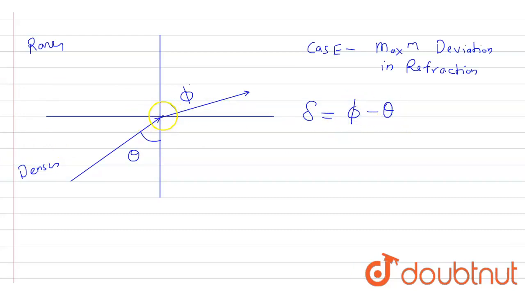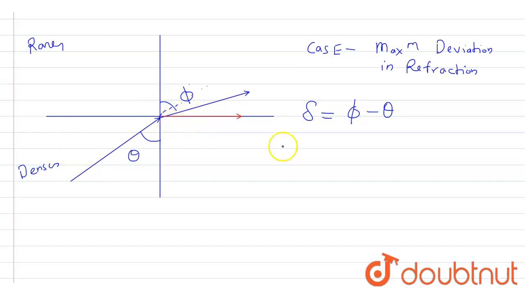The reason behind it is that whatever the angle more than the value of theta is the deviation, so deviation will be phi minus theta. Now the maximum deviation at the time of refraction occurs when the ray of light coming from this point grazes the surface of the rarer medium.